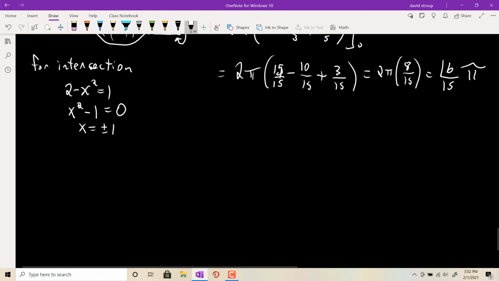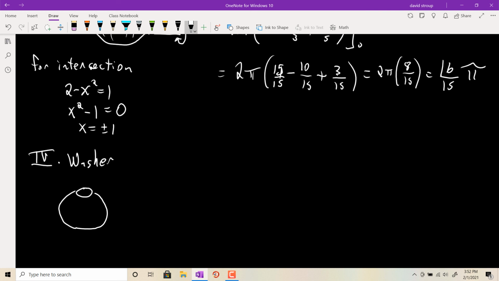Section 4, now we introduce the washer method. And the big change here is now you'll have kind of a difference of radii. This is really that washer idea that I was just talking about. So imagine you want to know the volume of a ball bearing that has a hole in it.